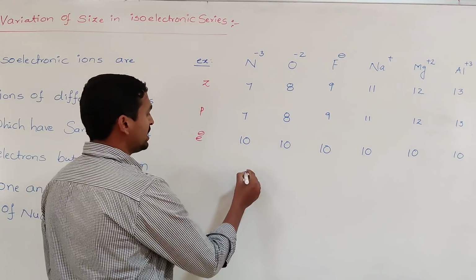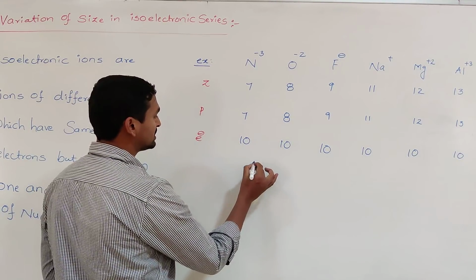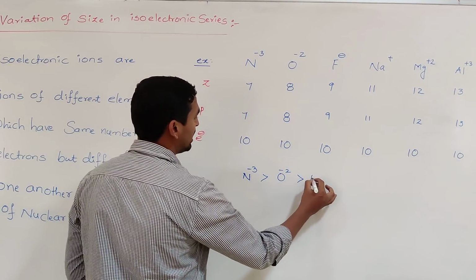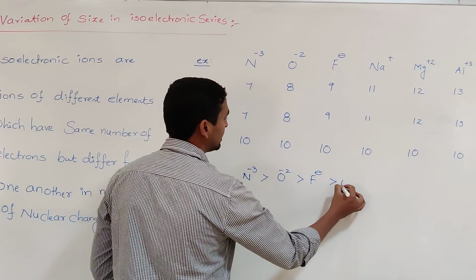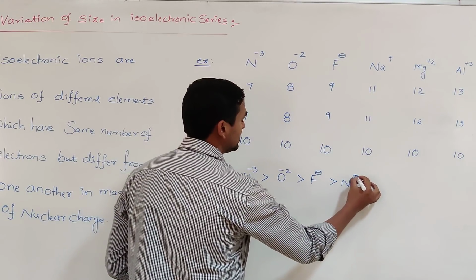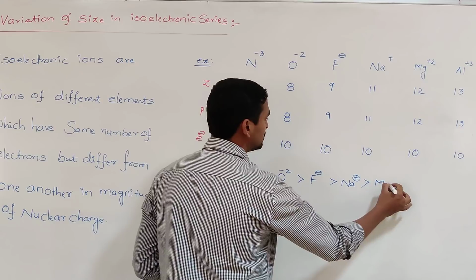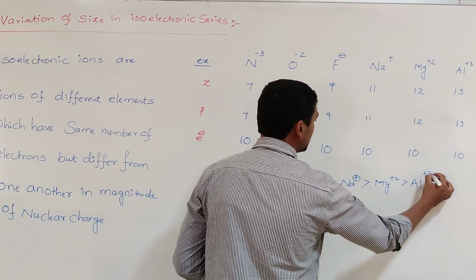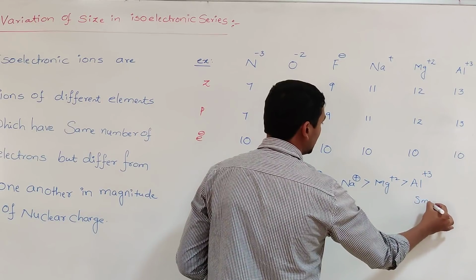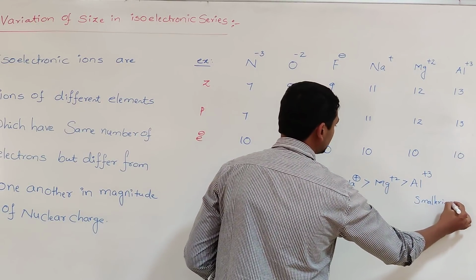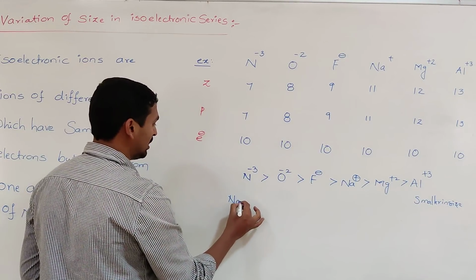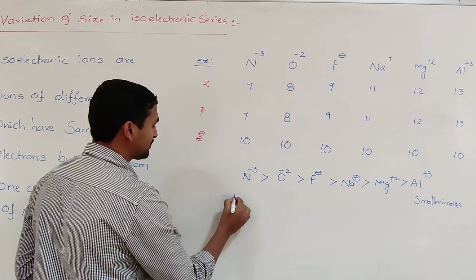N minus 3 is greater than O minus 2, is greater than F minus, is greater than Na plus, is greater than Mg plus 2, is greater than Al plus 3. That means Al plus 3 is smaller in size, whereas N minus 3 is larger in size.